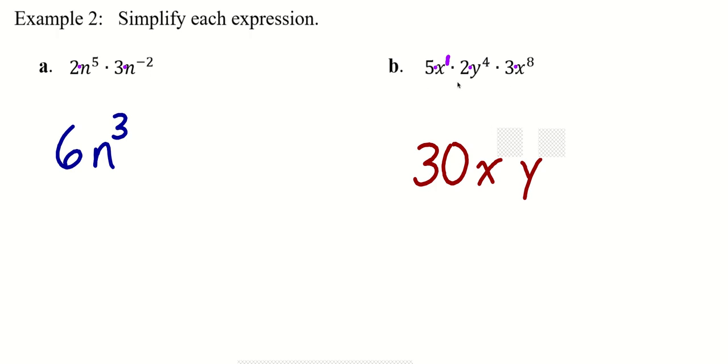So wouldn't we add powers? Yeah. So we'd get 9, because it's like the 1 plus the 8. And then y to the 4th, is there any other bases of y to multiply by? No. So the y to the 4th, just nothing simplifies with it. And that's the final answer.